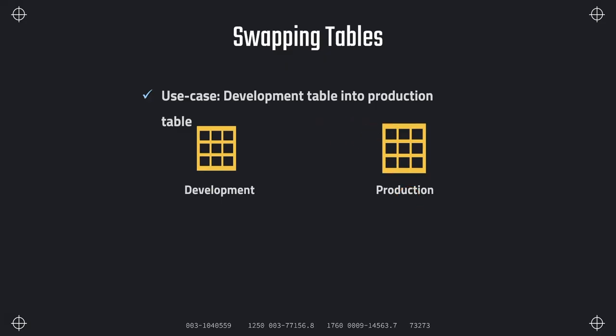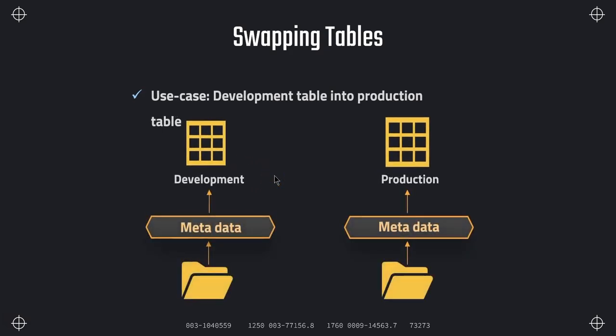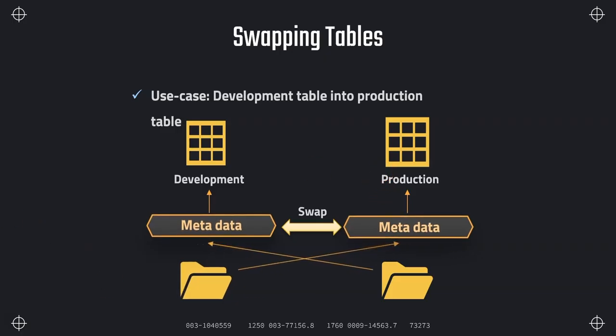However, Snowflake offers a much simpler method, which is to swap those two tables with just one single command. Like cloning, this process involves only swapping the metadata. So this is again just a metadata operation, and like this we can achieve this very easily with just one single command. Let's have a closer look at how this works.